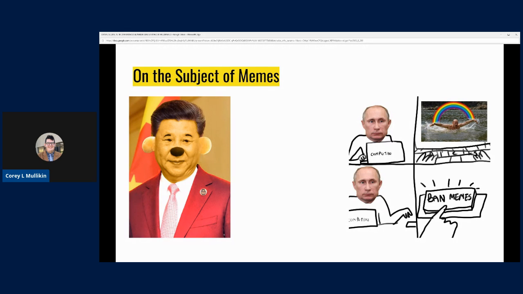Or, another description is, an amusing or interesting item, such as a captioned picture or video, or genre of item that spreads widely on the internet, especially through social media. To break it down in more of a simplified Gen Z term, it's a funny image or phrase.